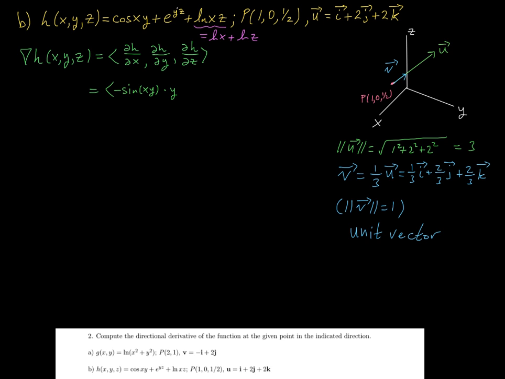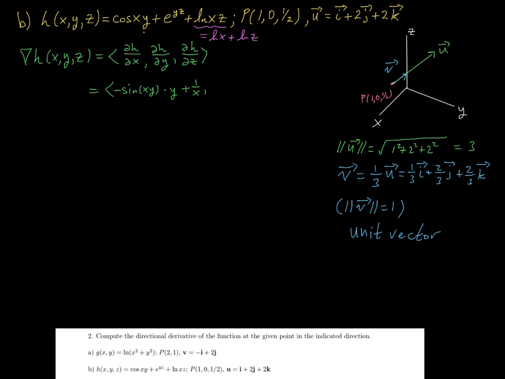Now there's no x in the e to the yz portion, so this would just be 0 for the x derivative. And then lastly, differentiating the log of x would just give us 1 over x. The derivative of the log z part would be 0. All right, so that's our first portion.